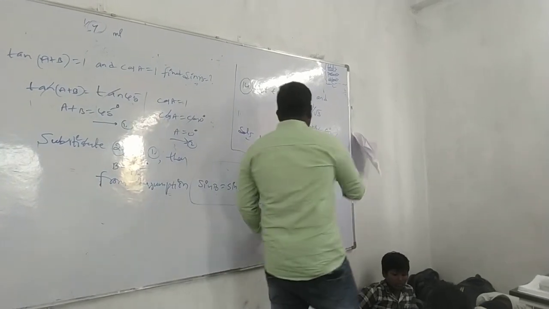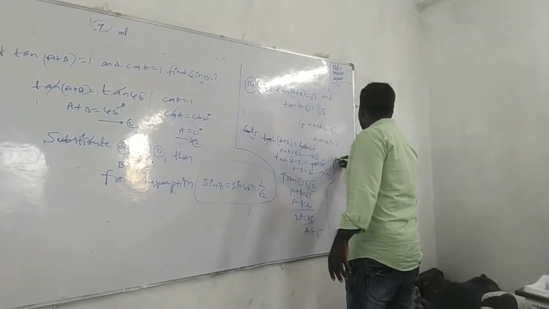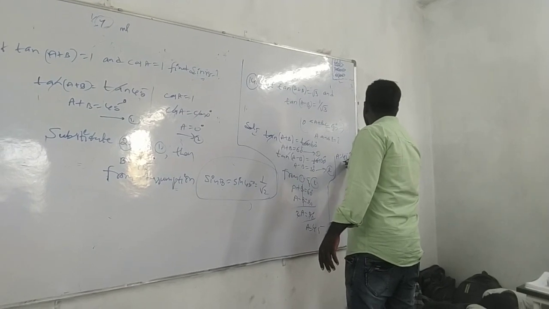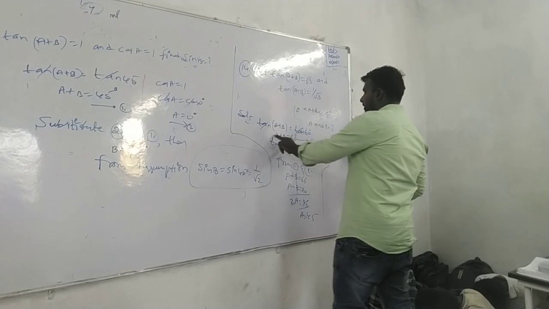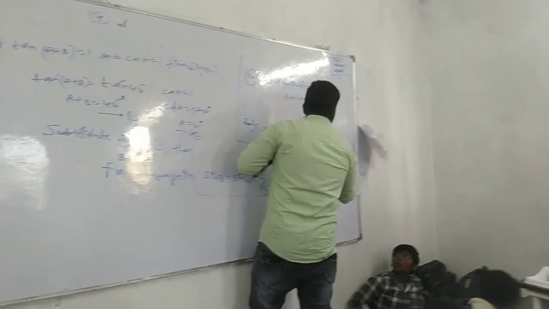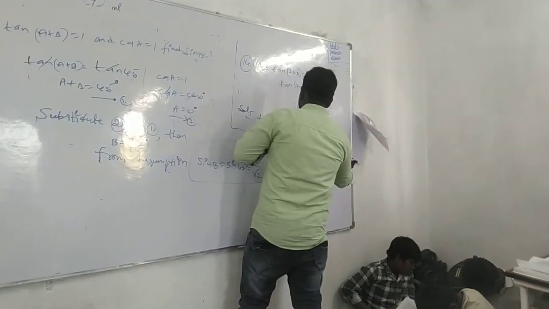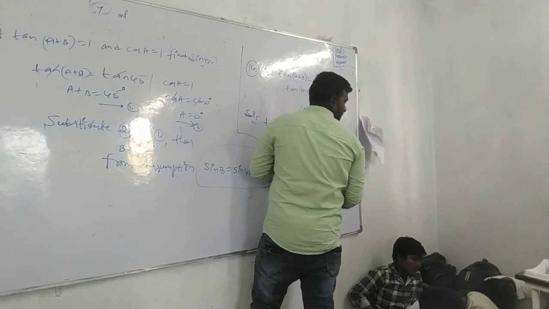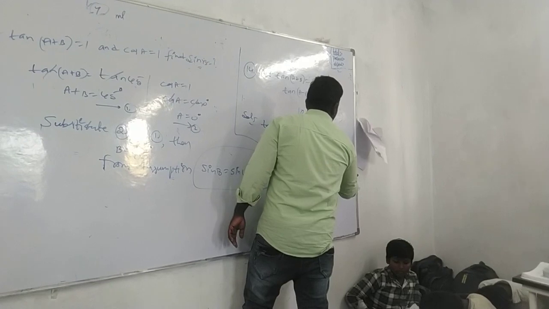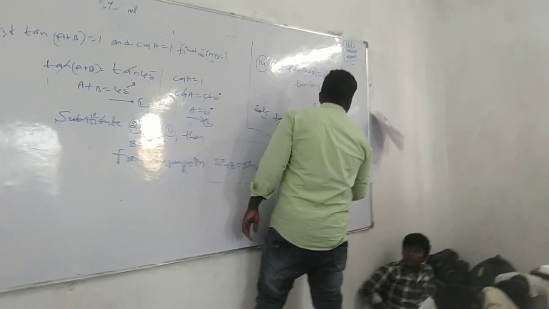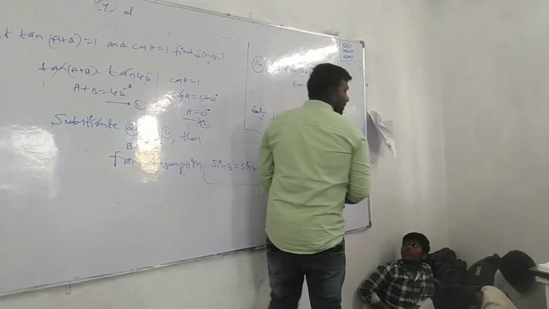So let me substitute the A value in equation number 1. So 45 plus B is equal to 60, right? Then B is equal to 60 minus 45, then B is equal to 15 degrees.